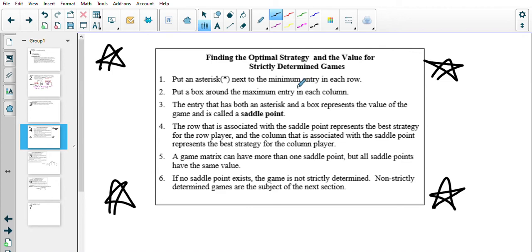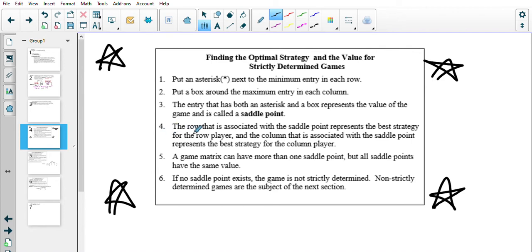In each row, find the minimum entry and mark it with an asterisk. Then put a box around the maximum entry in each column. In each column, find the maximum entry and put a box around it. Then, the entry that has both an asterisk and a box, find the asterisk and the box. That entry represents the value of the game and is called the saddle point.